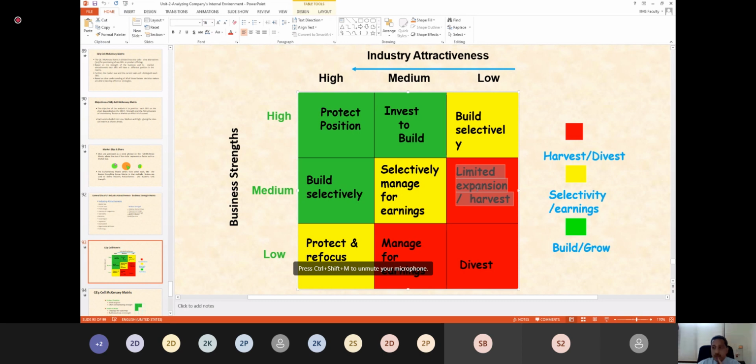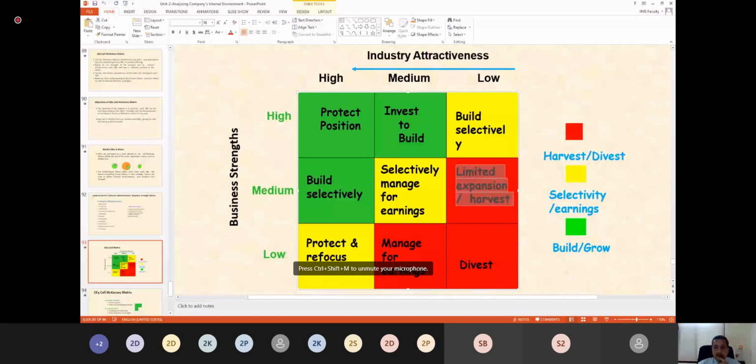We cannot expand the business as the industry attractiveness is very less, even if we have business trends. Industry is less attractive. There are no more opportunities which can be taken benefit of for earnings, and therefore there are limited expansion opportunities or harvest.